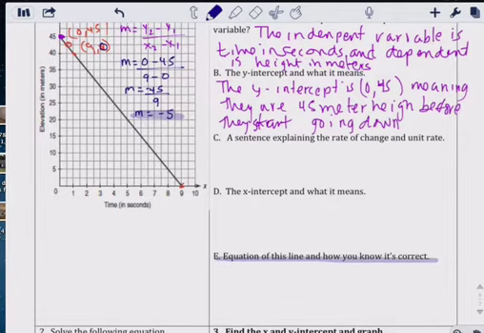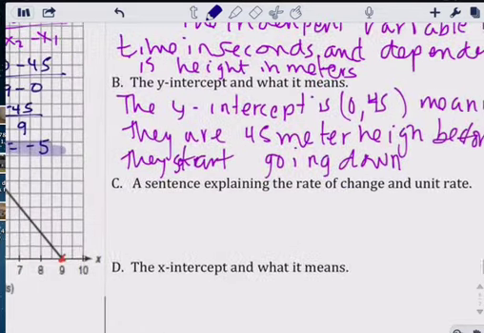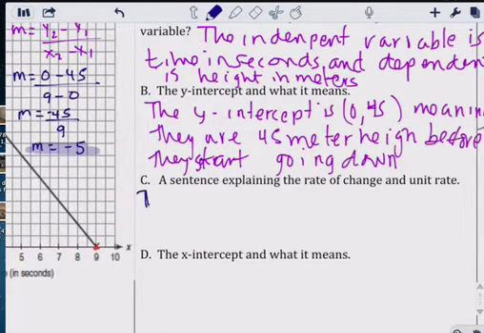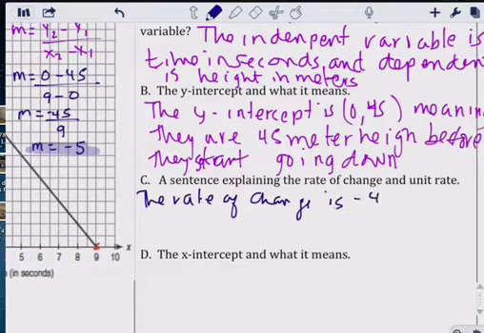So the rate of change is negative 45 over 9, and the unit rate is negative 5 over 1.